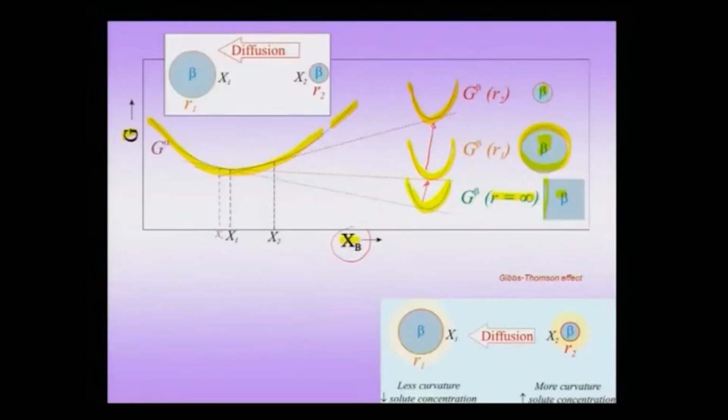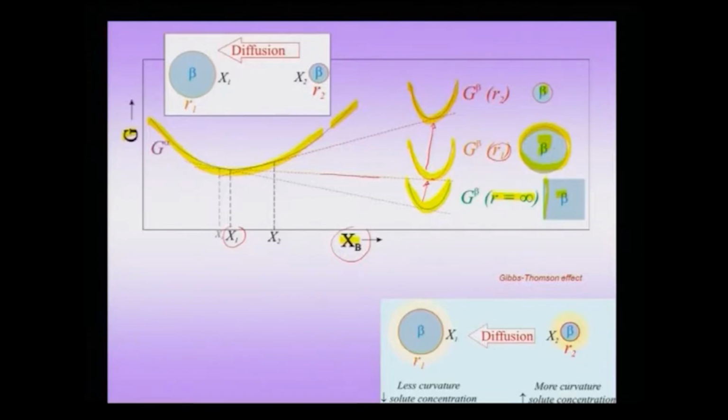Now, the Gibbs free energy of the entire system can be found by what is known as the common tangent construction. Suppose I had a large precipitate like the beta phase, then I can draw a common tangent, shown by this line here between this and this, and you would notice that the concentration of the solute in equilibrium with the precipitate of radius r1 is x1.